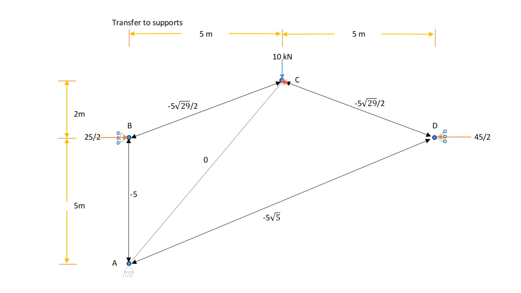In fact, this structure is more or less internally determinate, but because of the reactions here, it's externally indeterminate, and we can choose arbitrarily to let the force in this member be 0, and that will give us an easy way to get the remaining forces.